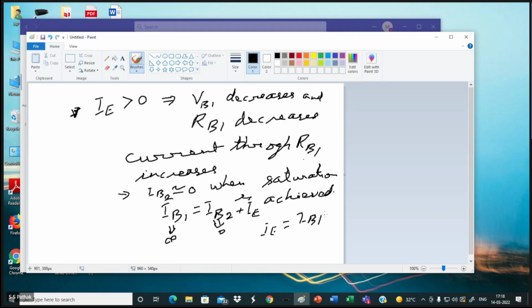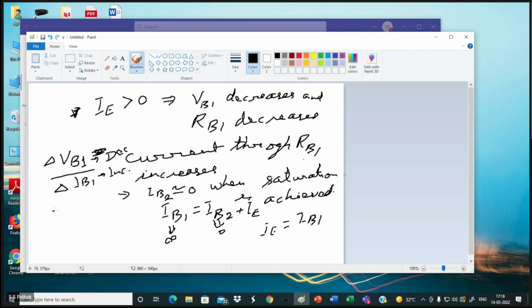So across the device, my voltage VB1 is decreasing. So delta VB1 is decreasing, and the current is increasing. Here it is decreasing, the current is increasing.